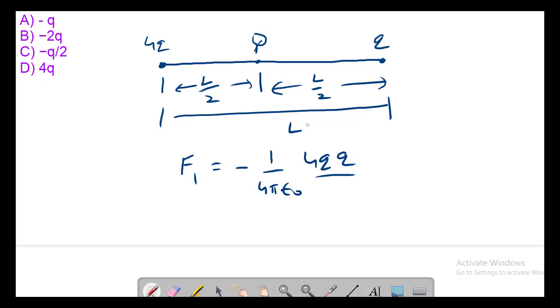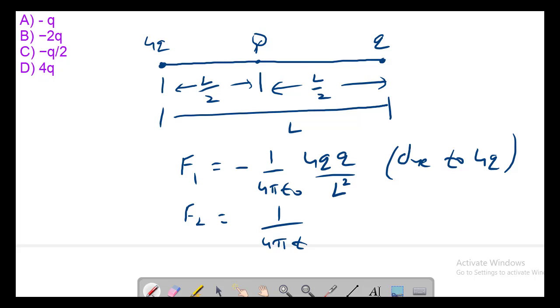The distance between them is L, so it is L square. This is due to 4q. Now the force because of capital Q would be 1 upon 4 pi epsilon 0, capital Q small q upon L by 2 the whole square, because the distance is L by 2. This is due to capital Q.